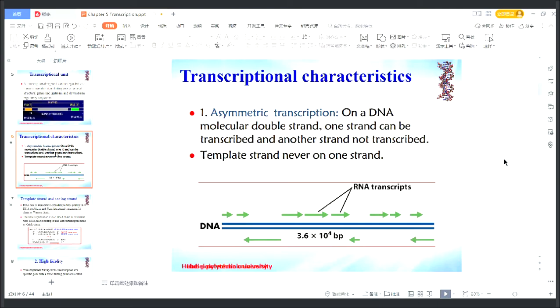For transcription, it is asymmetric transcription. On the DNA molecule double strand, only one strand can be transcribed and the other strand can't be transcribed.